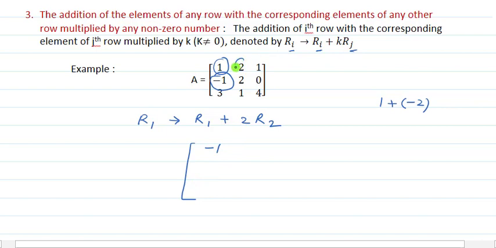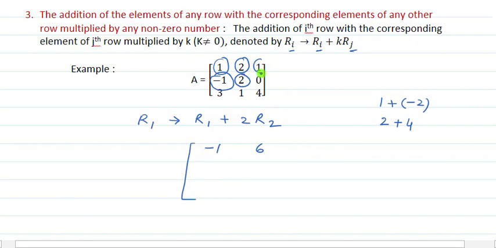Similarly, now we need to add this element of R1 with twice of this element of R2. Means we are getting 2 plus 2 times of this 2, that is 4. So the element that we are getting is 6 here.